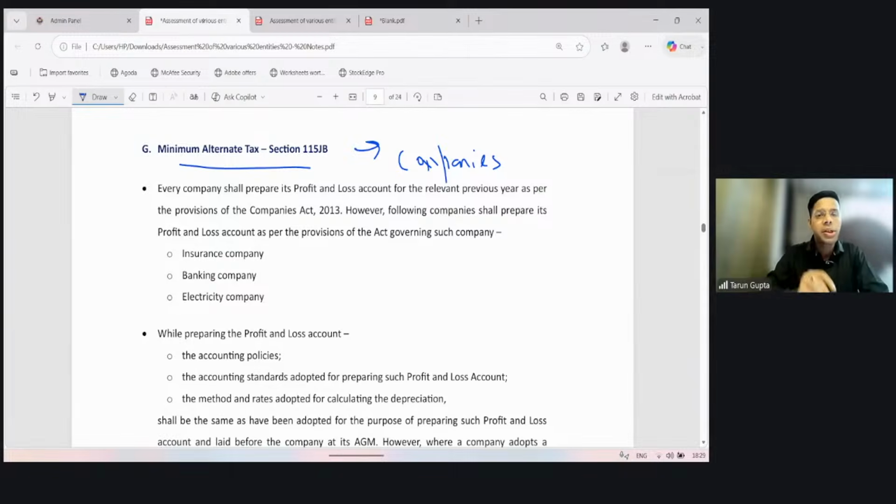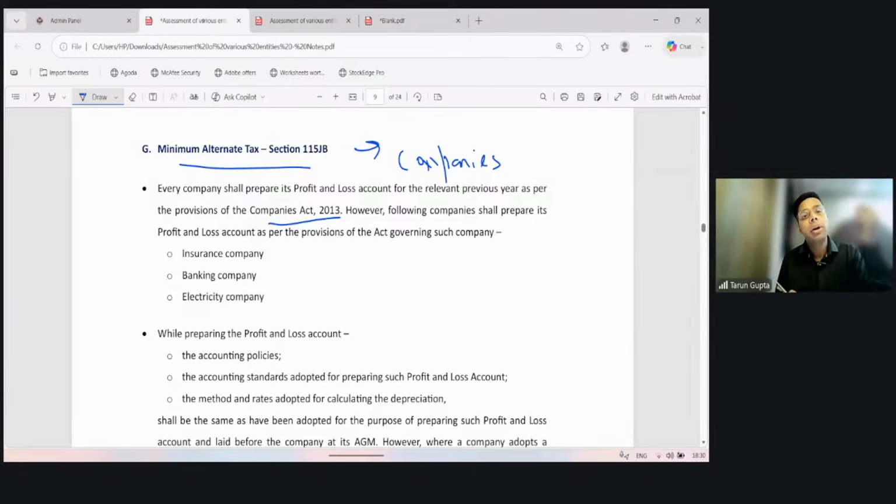Firstly, it says that every company shall prepare its profit and loss account in accordance with the provisions of the Companies Act. However, there are some companies which are governed by a special statute, and such statute provides the manner of preparation of profit and loss account of financial statements of such entities.